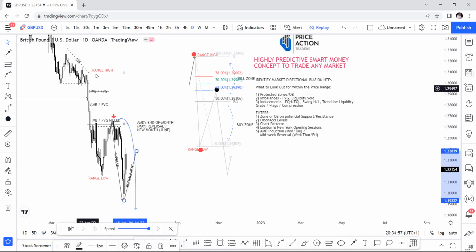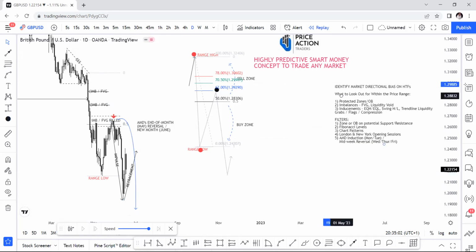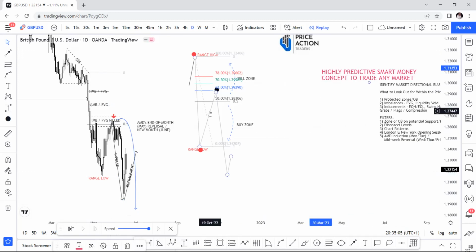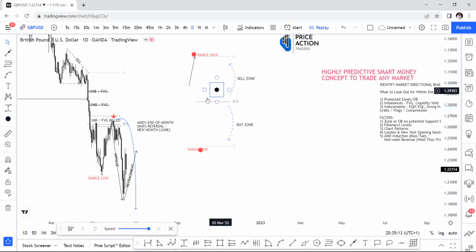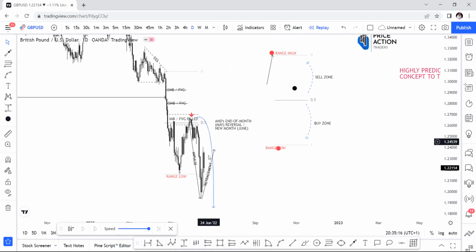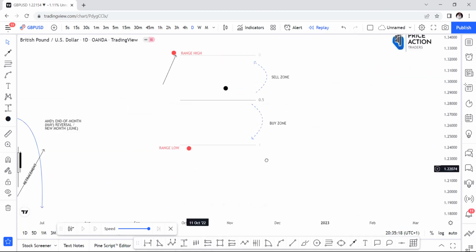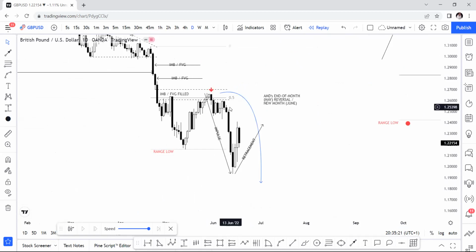Then you get your new range. So this is what GBP/USD is likely doing right now.